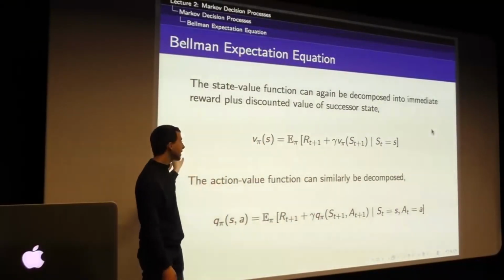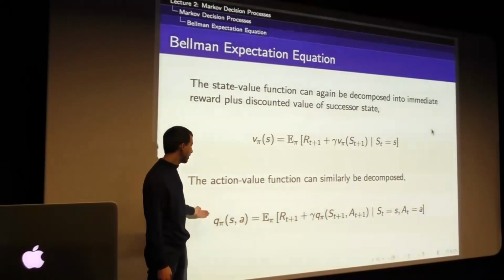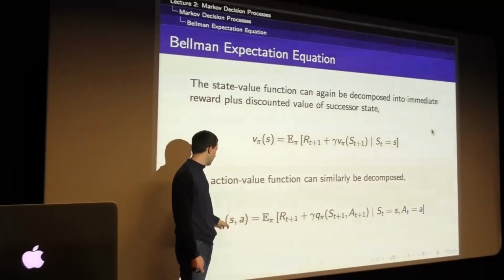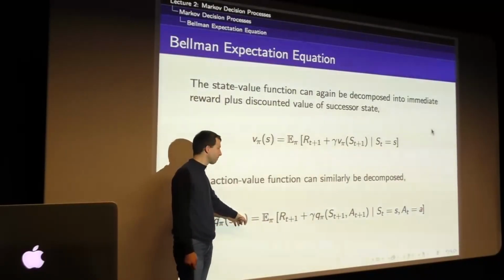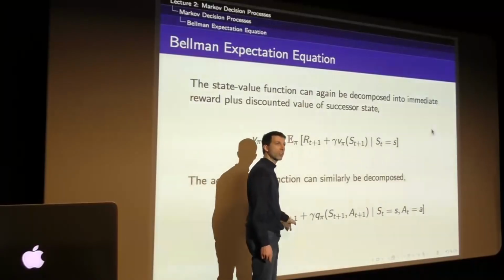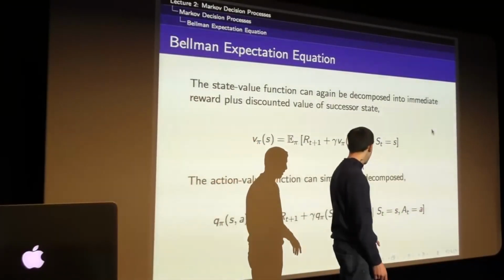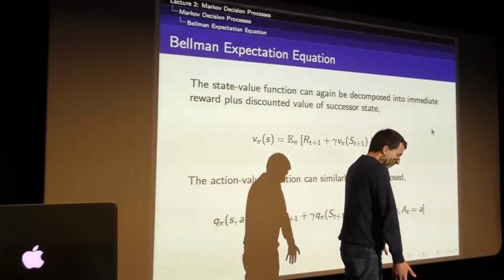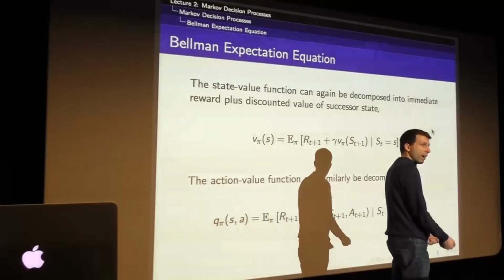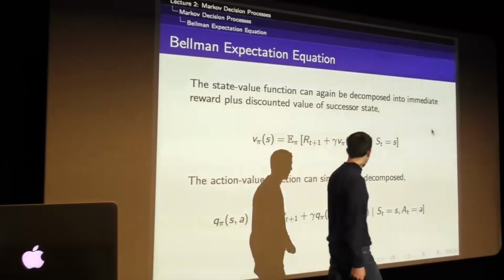We can do the same thing with the action value function, with these Q values. This tells us that if I'm in one state and I take an action from there, then I'll get some immediate reward for that specific action. And then I'll look at where I end up, and ask, what's the action value of the state that I end up in under the action that I would pick from that point onwards? Okay?